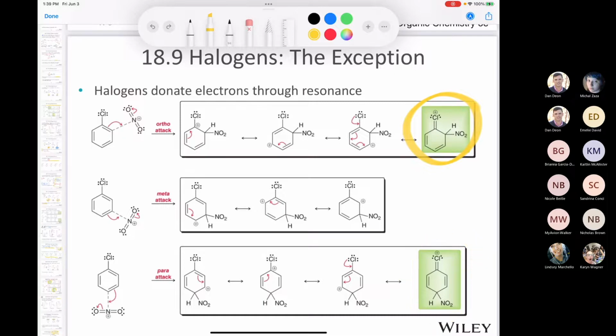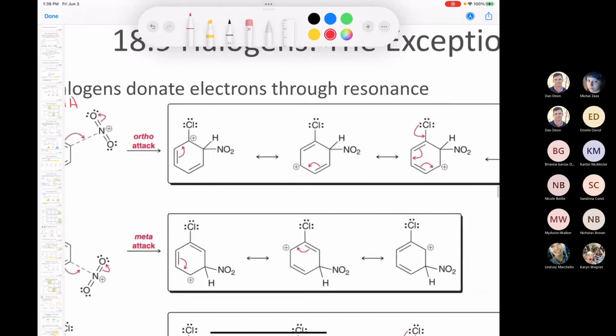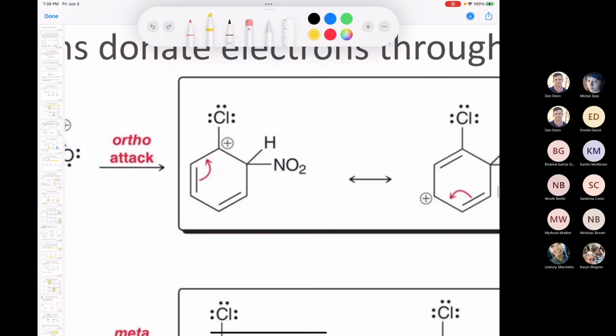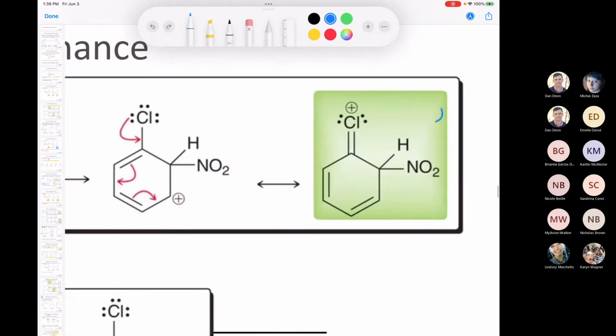Let's take a look. So we have our nucleophilic attack from our chlorobenzene onto the nitronium ion. And if you look at the resonance contributors, we have the positive charge next to the chlorine. Well, what do we know? If you have some kind of resonance contributor where you have a pair of electrons next to a positive charge, you know that you can dump those electrons in there, can't you? And that is what would give us the last contributor right here.